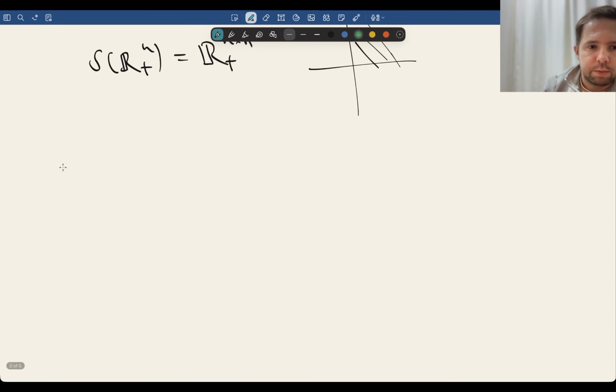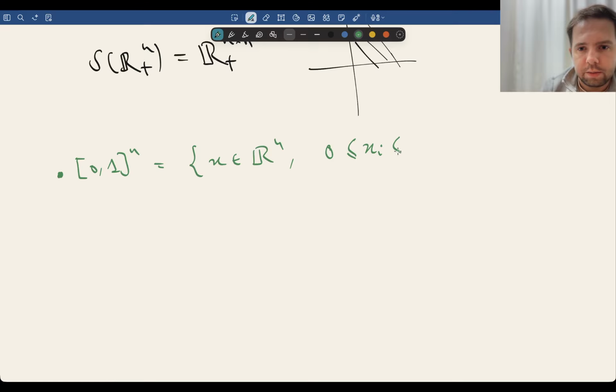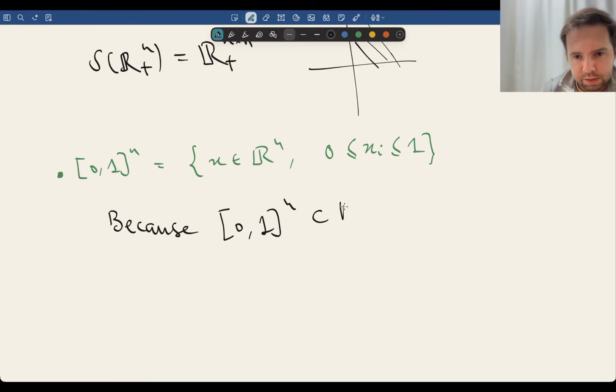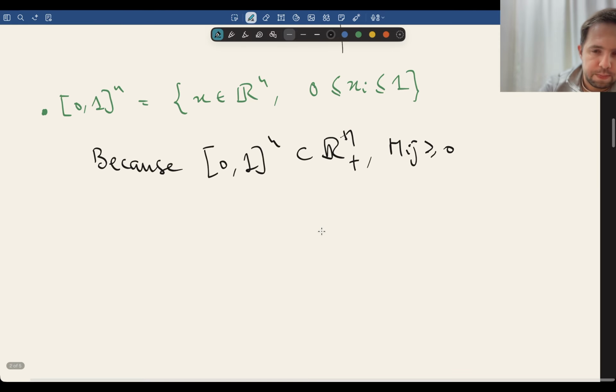Now, the second example I want to look at is the example of the previous video, that is the cube, [0,1]^n, which is the x's in R^n such that 0 ≤ x_i ≤ 1 for all i. Here this is a subset of the previous set, because [0,1]^n is a subset of R_+^n, so this first implies that m_ij has to be non-negative.